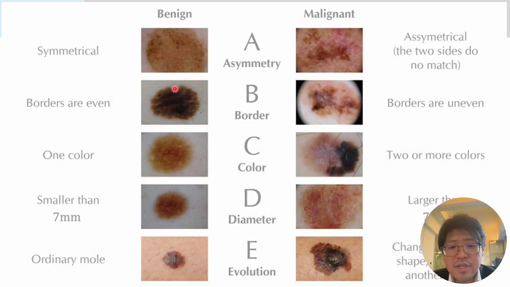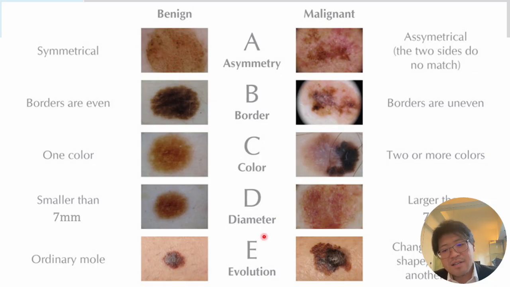B is for border, which is uneven or unclear. C is for color, if it has two or more colors inside the lesion. D is for diameter, if it is larger than 7 millimeters. Then those examination signs should prompt you to think about malignant melanoma.